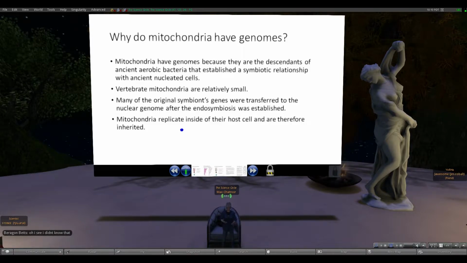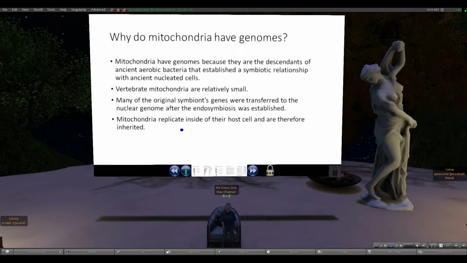Another organelle that has genomes are the chloroplasts that are found in photosynthetic organisms. And both the chloroplasts and the mitochondria are produced by replicating themselves inside their host cells. And so they have a genetic lineage that's independent of the nuclear lineage.